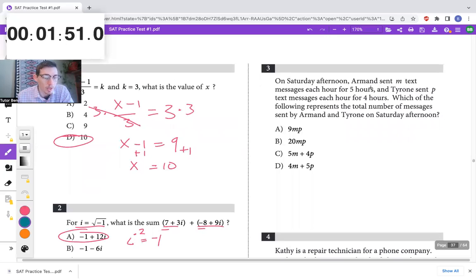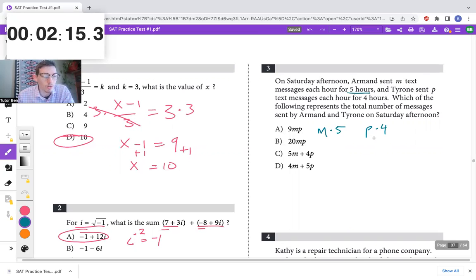So they give us a rate here, which is M texts per hour for 5 hours. To find the total number of texts, we take the rate times the time. So that is for Armand. And then for Tyrone, we have the same thing. We're given a rate, which is P text messages per hour, times the number of hours.